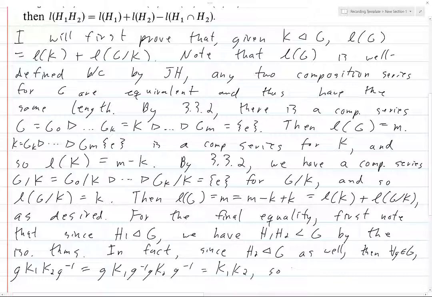So the product, K1 times K2, is normal in G. In fact, I think I proved this as an exercise. This might be one of the Jacobson exercises.